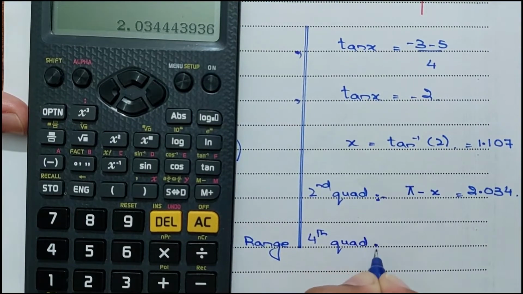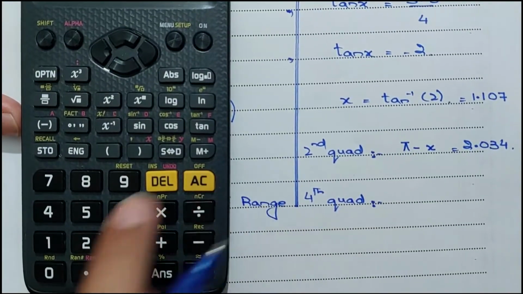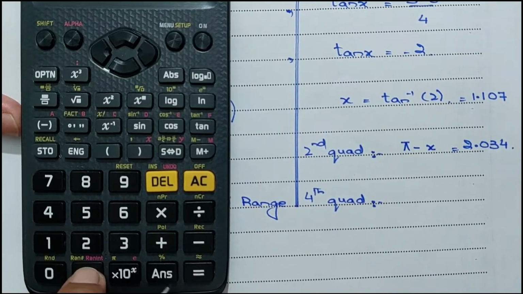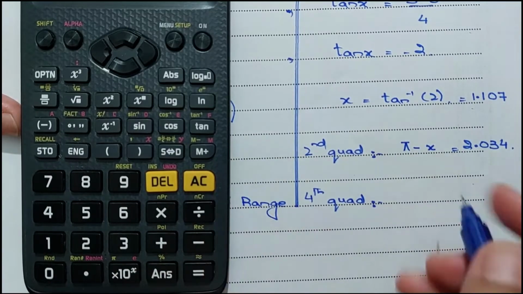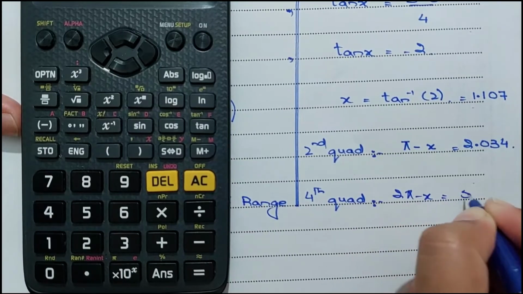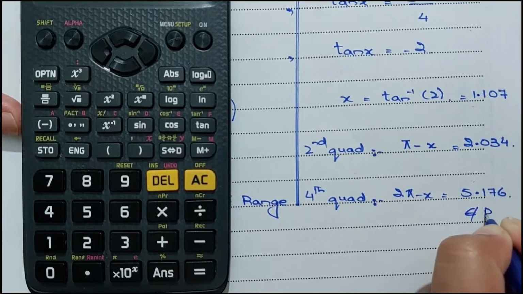The fourth quadrant operation is 2 pi minus x. 2 pi minus 1.107 is 5.176, and this value again does not belong to the range.